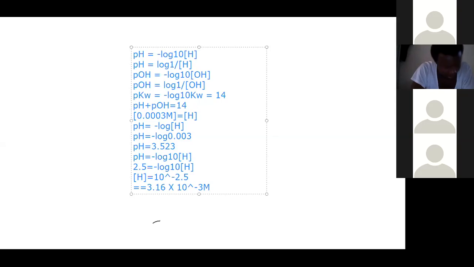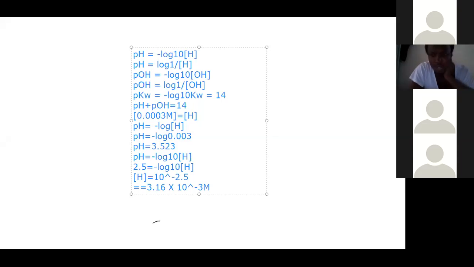Now let me take it again. Calculate the number of OH ions present in 250 cm cube of a solution whose pH is three.